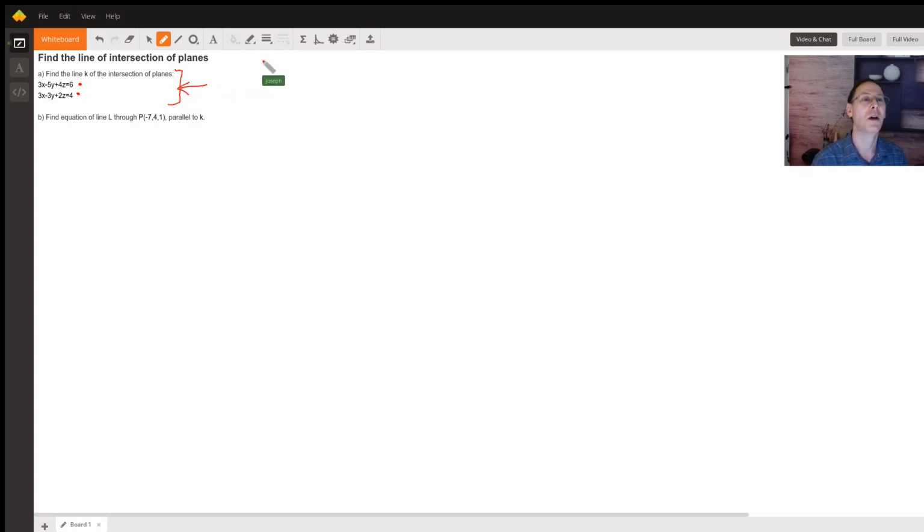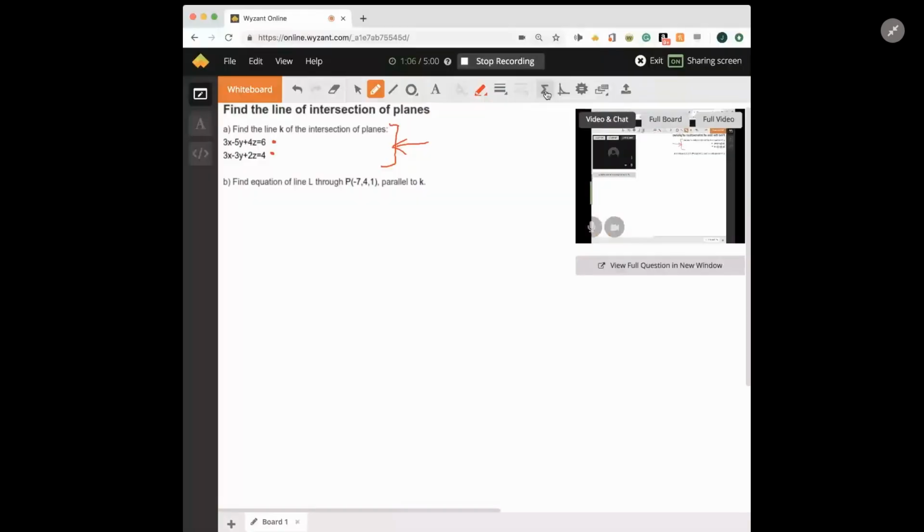I'm going to share my screen with you because I'm going to be using the equation editor, and I want you to be able to see exactly what I'm doing. Okay, so my screen will change in just a moment. There it is. The equation editor will allow us to first determine if these planes in fact cross at all. If they're parallel, they don't cross. How do we know this?